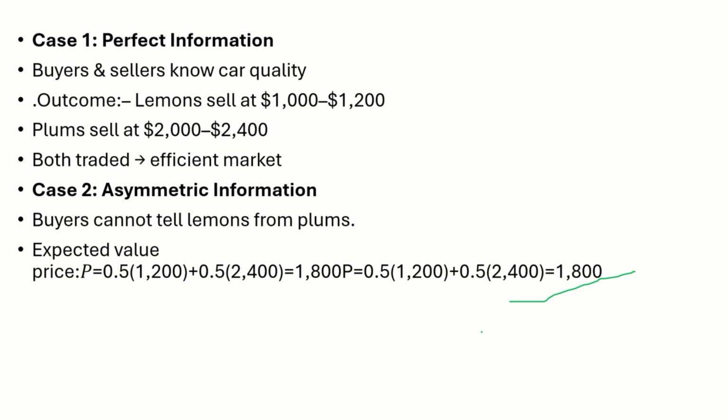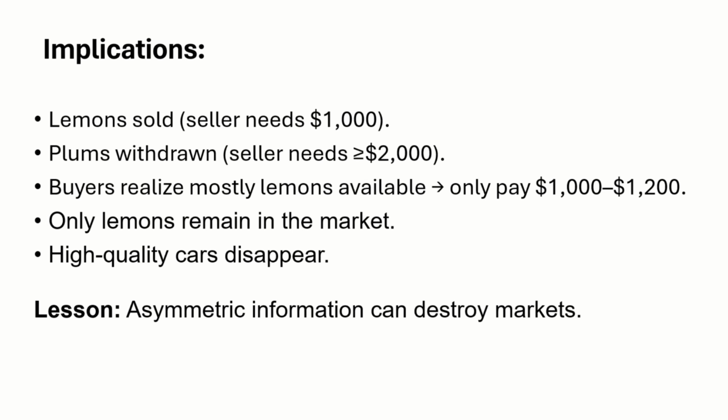But if the buyer offers 1,800, then the plum car's seller will refuse to sell. Instead, he holds it because he cannot sell at the lower price. On the other hand, the lemon car would be sold because their minimum price was 1,000, so they can make a profit selling a lemon car. As a result, lemon cars are sold and only lemon cars remain in the market, and high quality cars are driven out. So in most cases, asymmetric information can destroy the market.